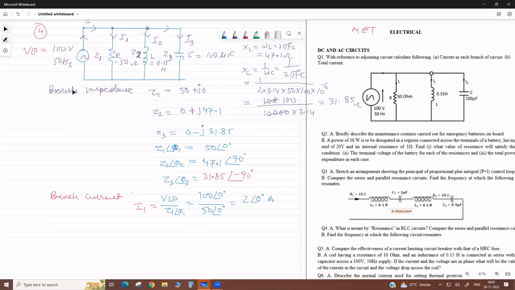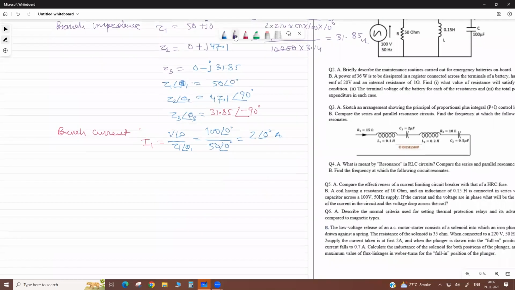This is the current in the resistance, also known as the resistive current. Now current in branch 2: again 100 angle 0 V by Z2, and Z2 is 47.1, angle 90. Now this angle goes 0 minus 90, so there is a negative angle.